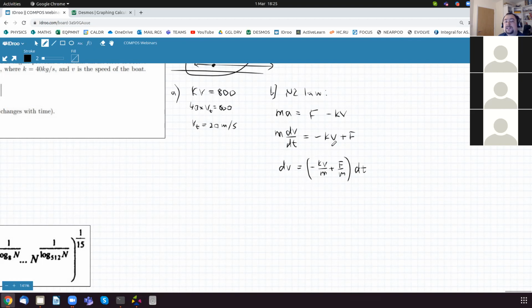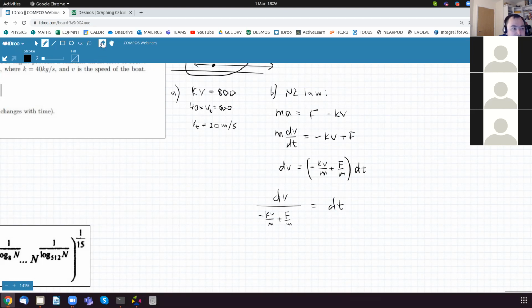So if you want a separation of variables, you have to have two terms. So you divide by that. So you get dv over minus kv over m plus F over m equals dt.